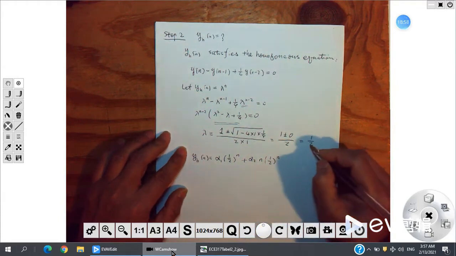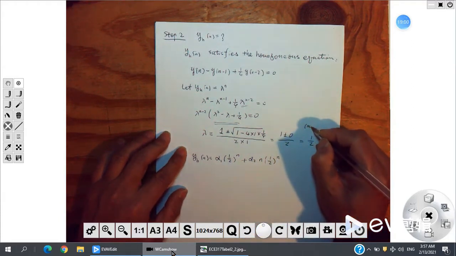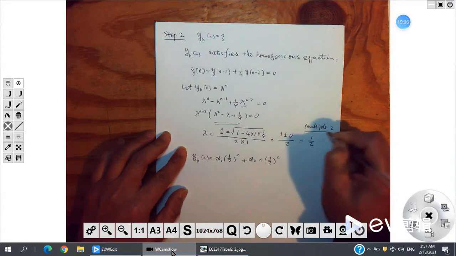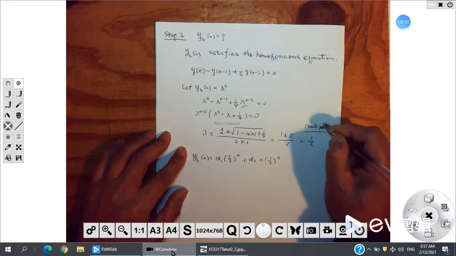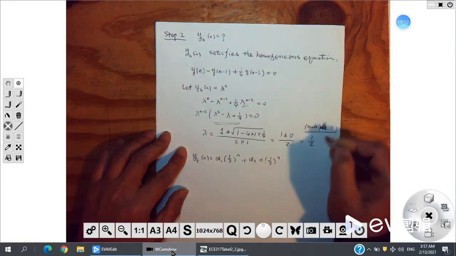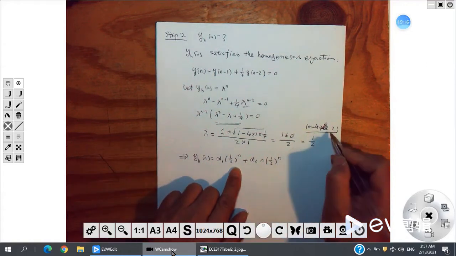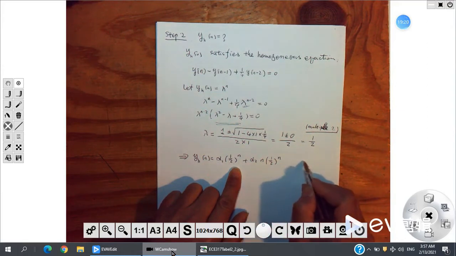Alright. Why we have this term? Because this is a multiple 2. It's multiple 2, so we have one more term. If here is like a multiple k, then you need more terms.